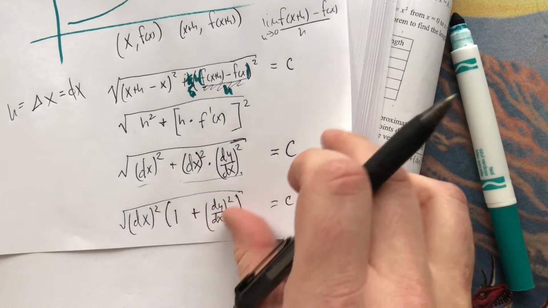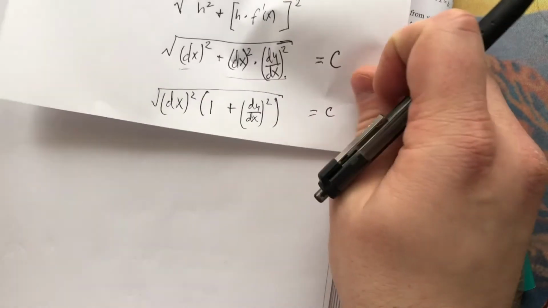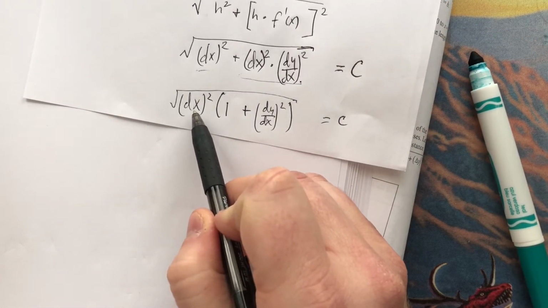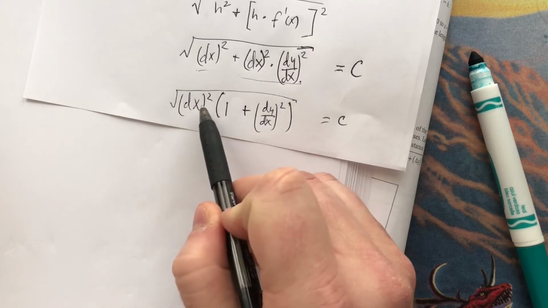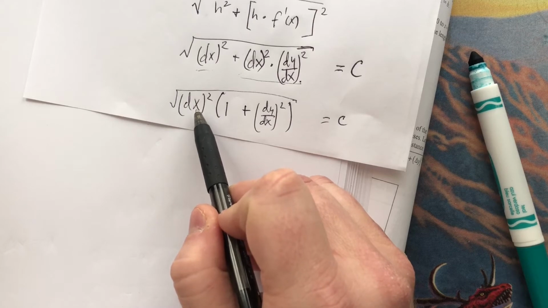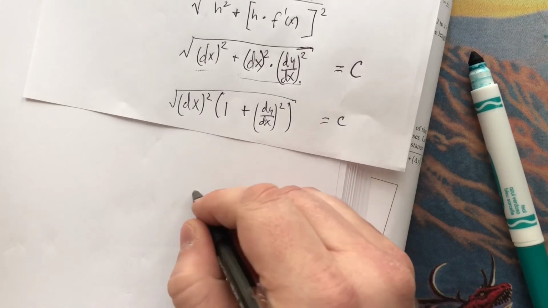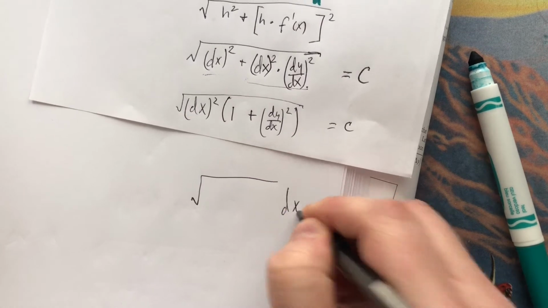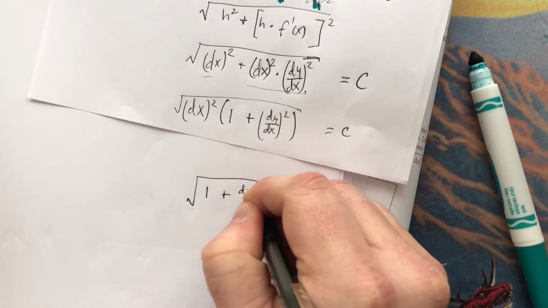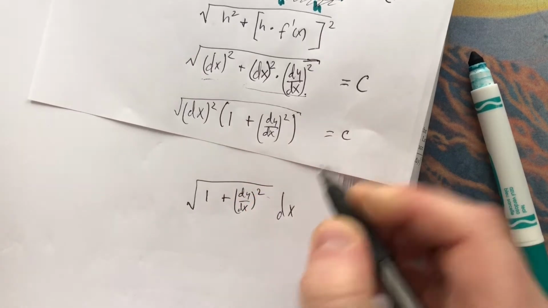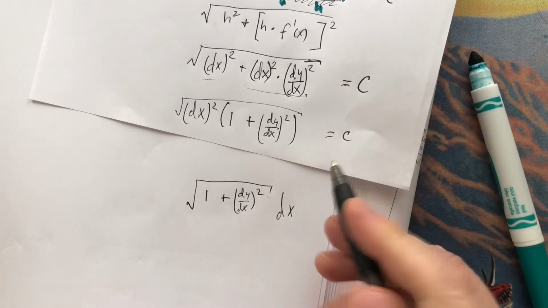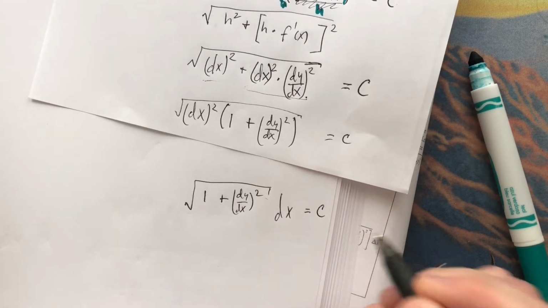And so what I'll do to finish this up, well, what is the square root of dx squared? It's just dx. And so I can actually put a dx outside of this integral, and then have 1 plus dy dx squared inside. And this is equal to arc length.